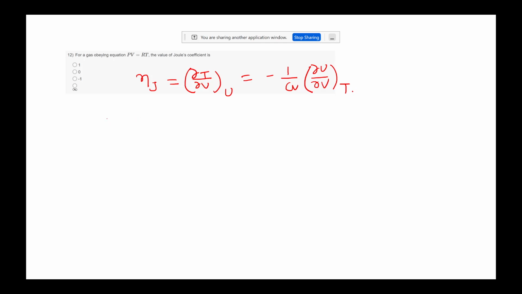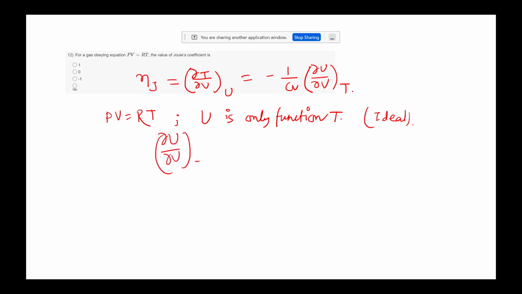Now for a gas which obeys PV equal to RT, U is only a function of T, because this is an ideal gas, right? Ideal gas. So del U by del V at constant T is 0 because there is no other variation.